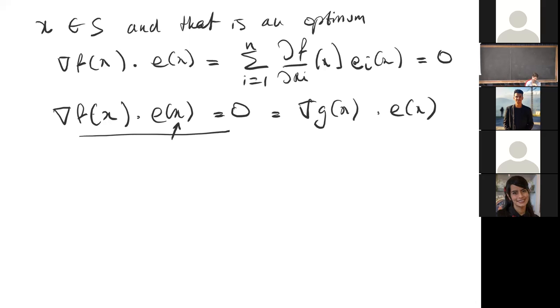Because this condition says that we are at an optimum, and this condition says that we are on the constrained surface. But what does it mean to have vectors, in this case these gradients, which are orthogonal to the same vectors, these tangents? Because you remember, if the scalar product of A with B is 0, it means that the two vectors are orthogonal.